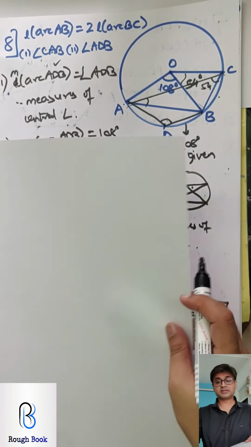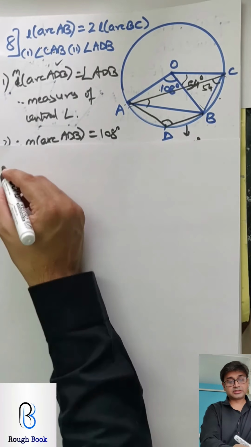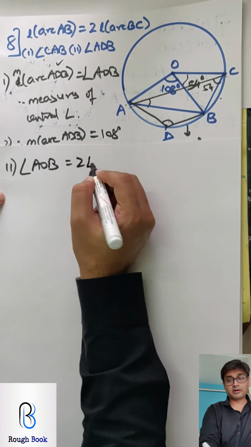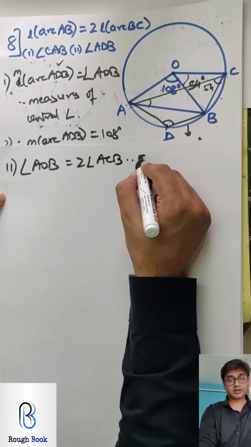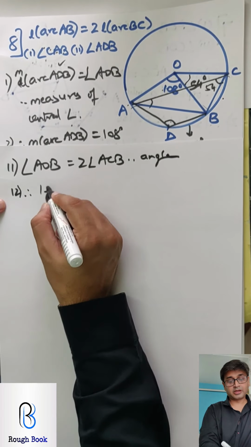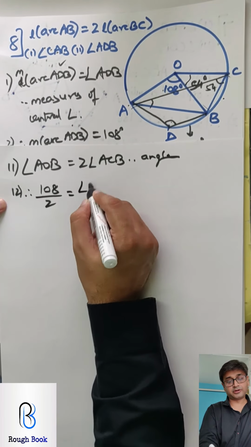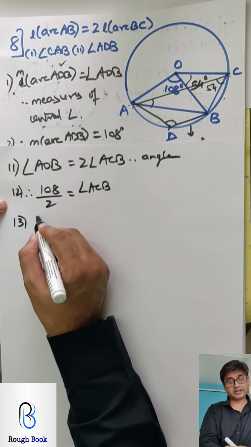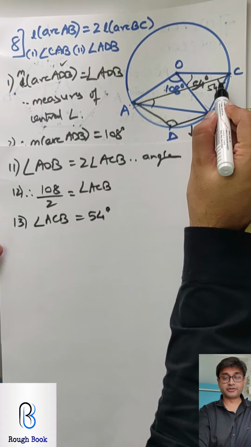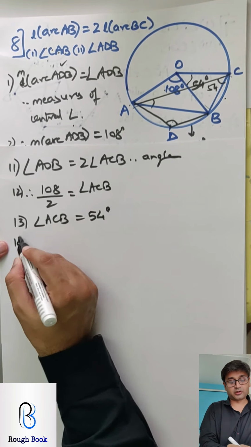So let's hit it. Step 11. So step number 11, angle AOB is double of angle ACB. Again, angle at the center is double whatever. Therefore AOB 108 divided by 2 gives ACB. So we managed to get ACB as 54. Once you got this 54, now opposite angles of cyclic quadrilateral.